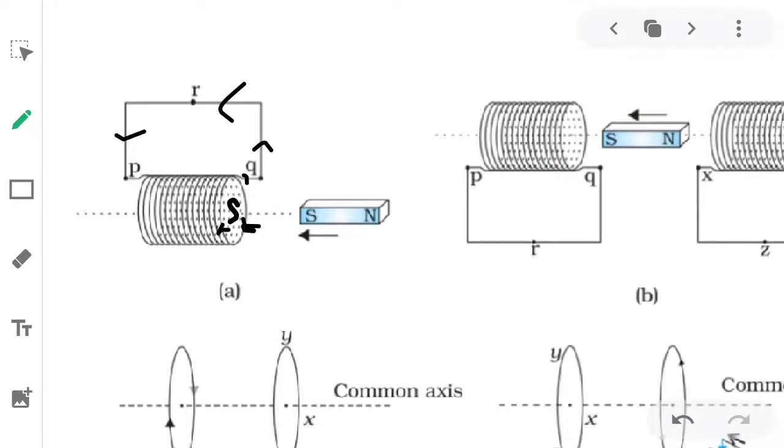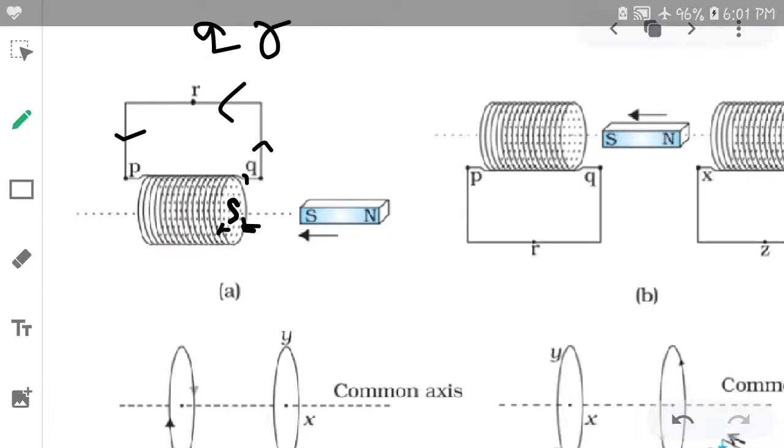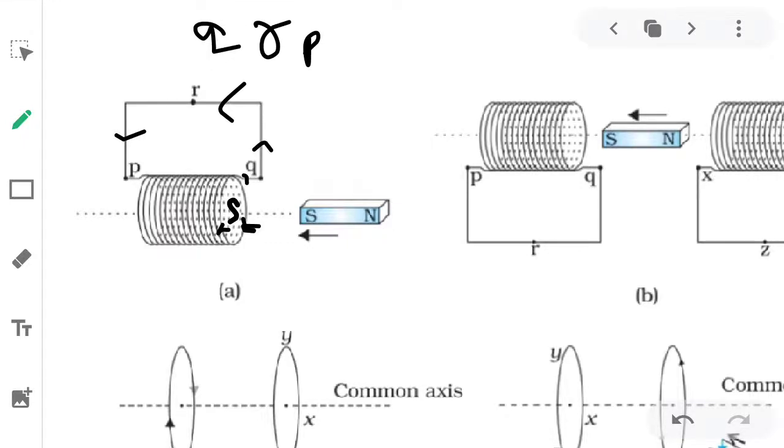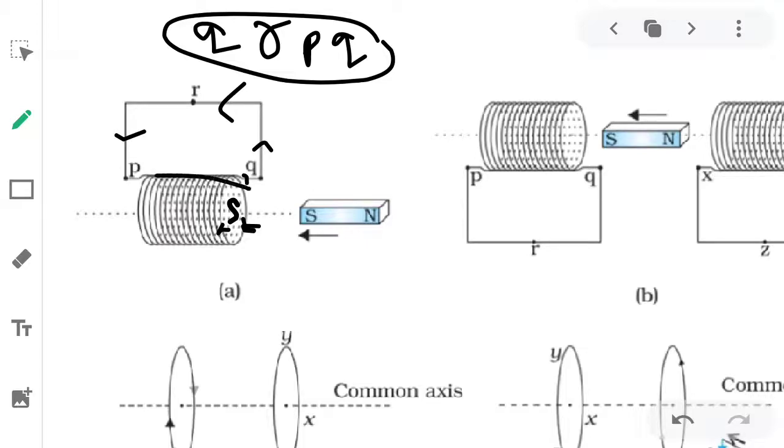So we can say the direction of current is Q, R, P, Q. They are asking the direction of current from the outer loop, in the outer loop, not inside the loop here. Otherwise your answer will be wrong. Okay, that's why they mentioned the names P, Q, R, S.